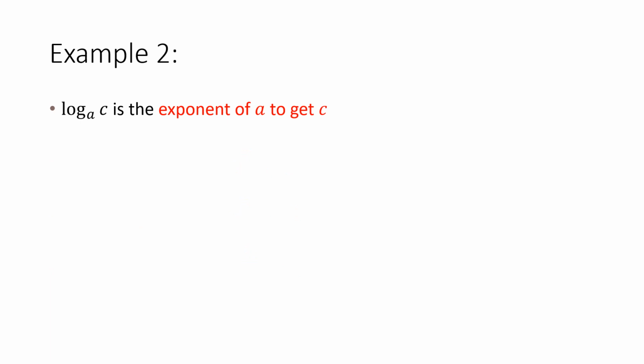So let's see if there are any other things that we know about logarithm. Well, log base a of a should be 1. That's the same thing as saying what power or exponent of a gives us a. And that's obviously a to the 1 that gives us a.